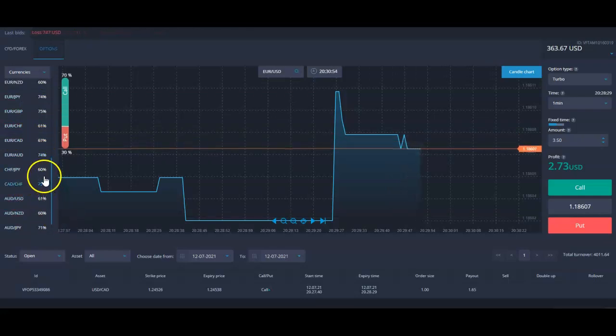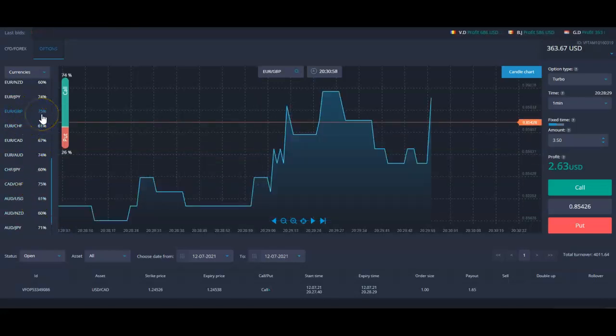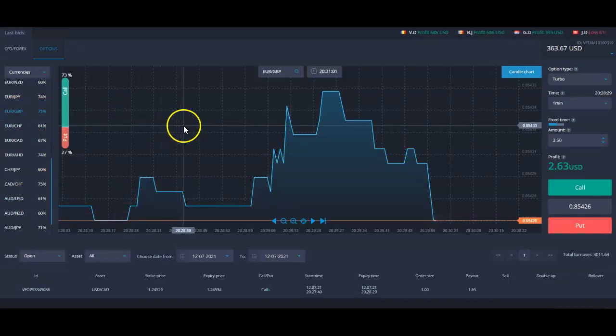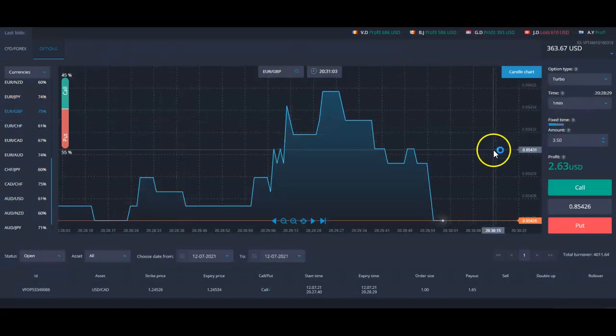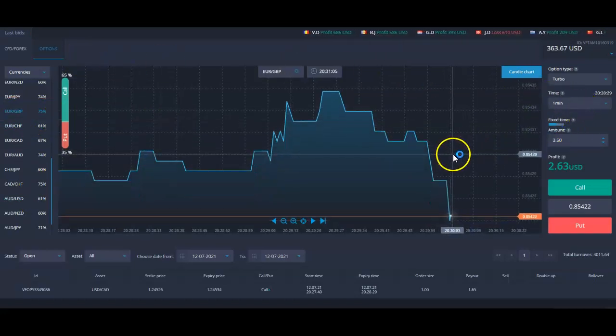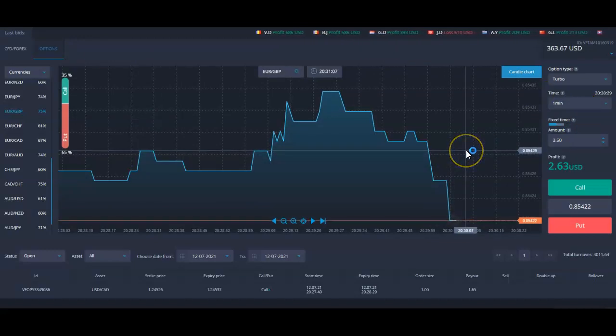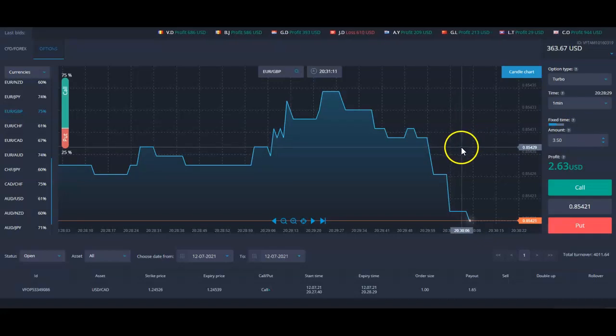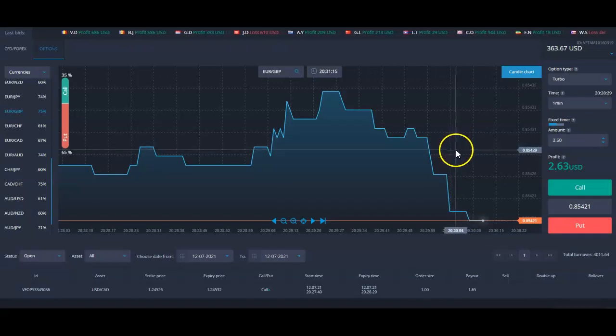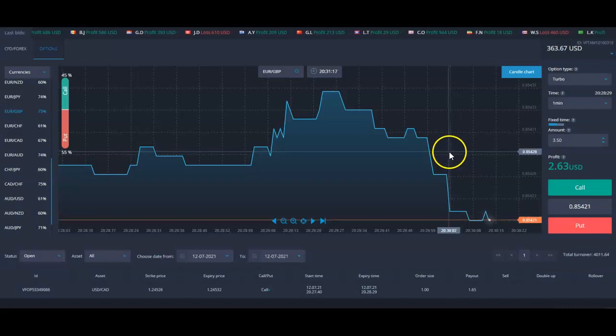So for an example, if we're looking at Euro GBP paying 75%, this means that for every dollar we're risking, we're going to get $1.75 back. For every $10 we risk, we're going to get $17.50 back. We're going to profit a net of $7.50.